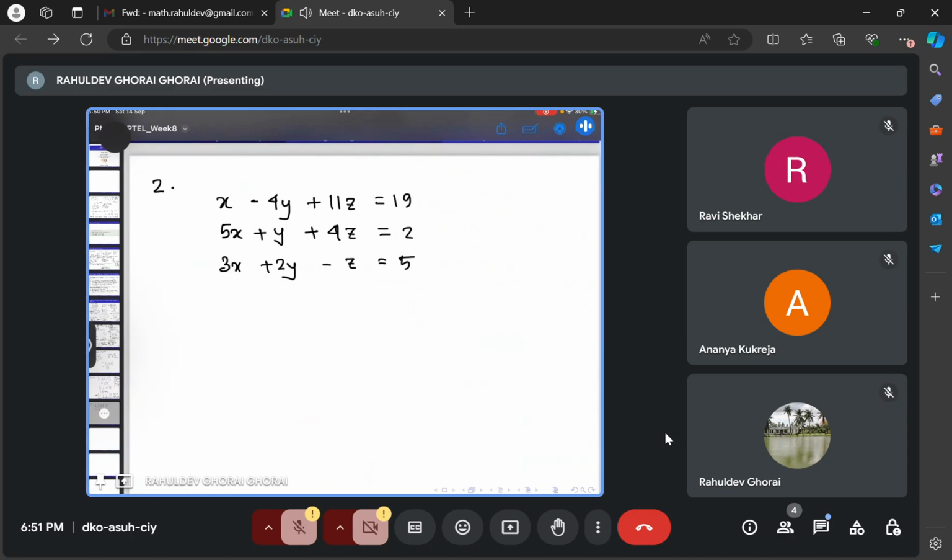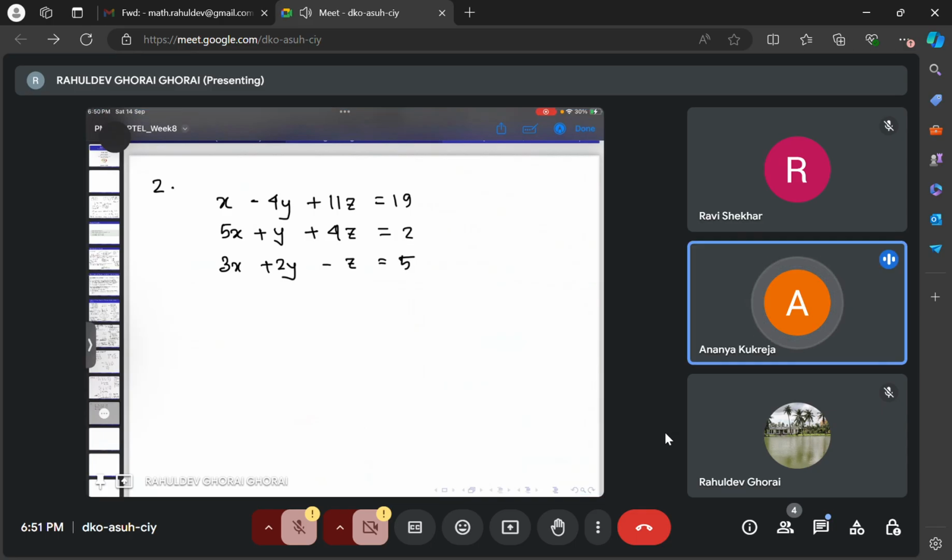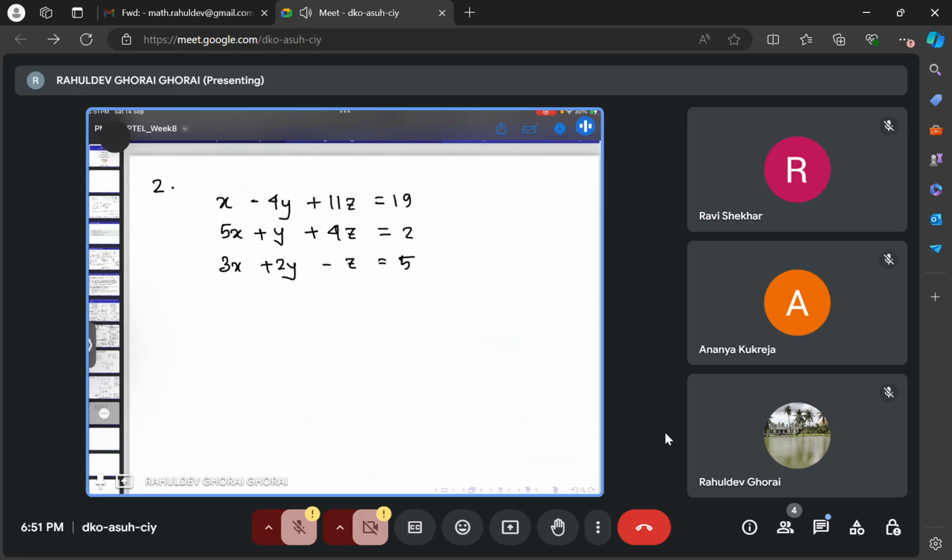Ananya, are you doing it? Sir, I'm still doing. No problem. We'll take one or two minutes, after that I will also do it. Let me write at least the augmented matrix. Ravi, please wait for some time. You will get the answer. I will also do it, and then you will understand whether you did it correctly.